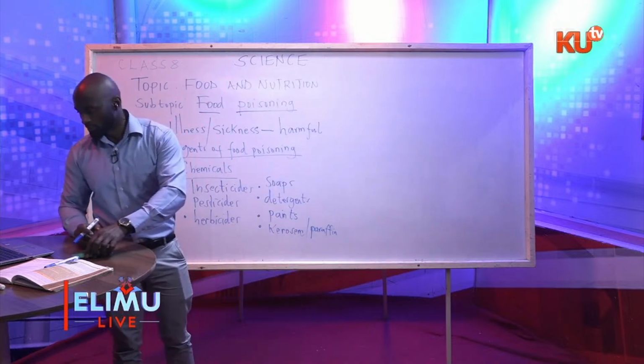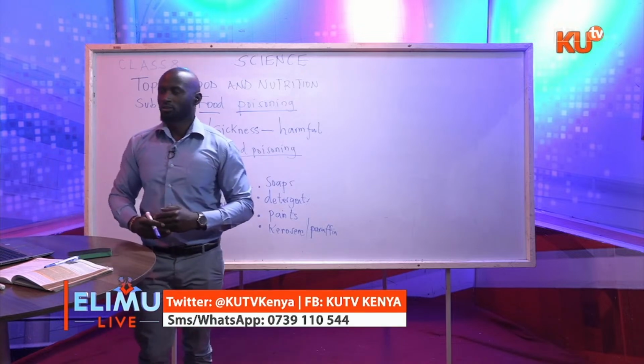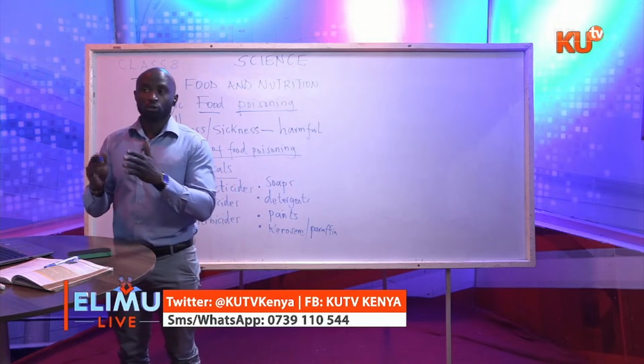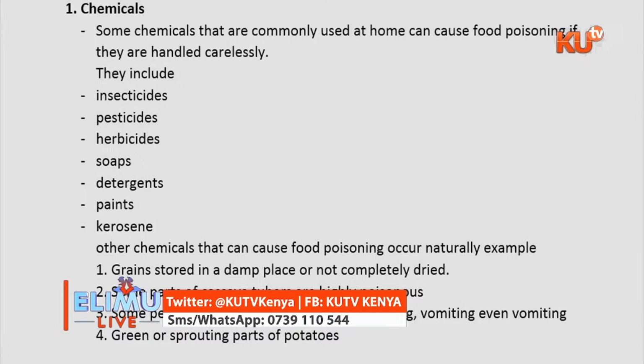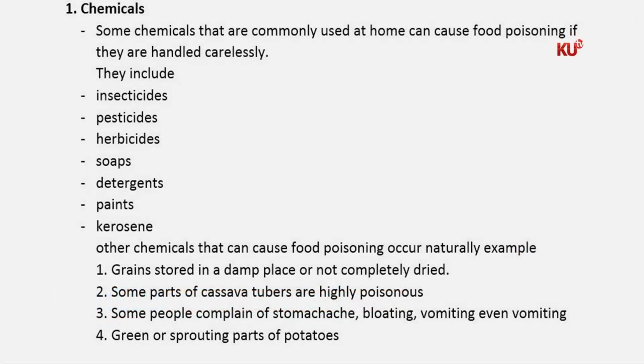For instance, if grains, in this case let's use maize, are stored in a damp place and maybe were not completely dried, then after some time, if you observe it, you'll see some bluish color in it. That is an example where naturally the grains have produced some toxins that can lead to food poisoning.